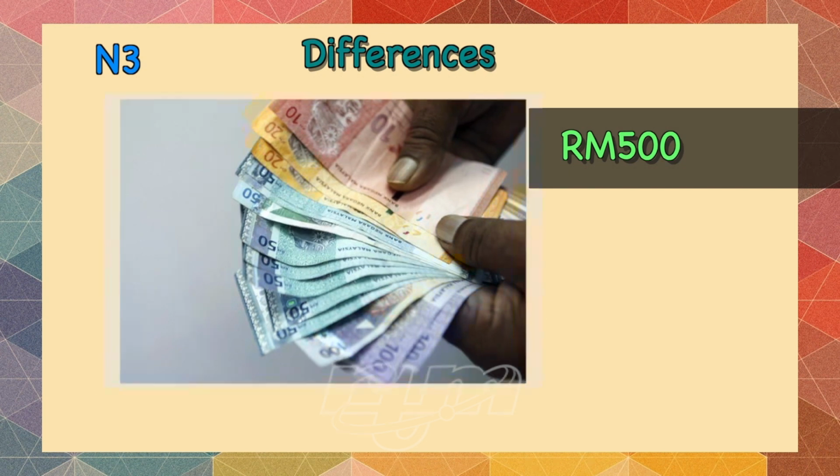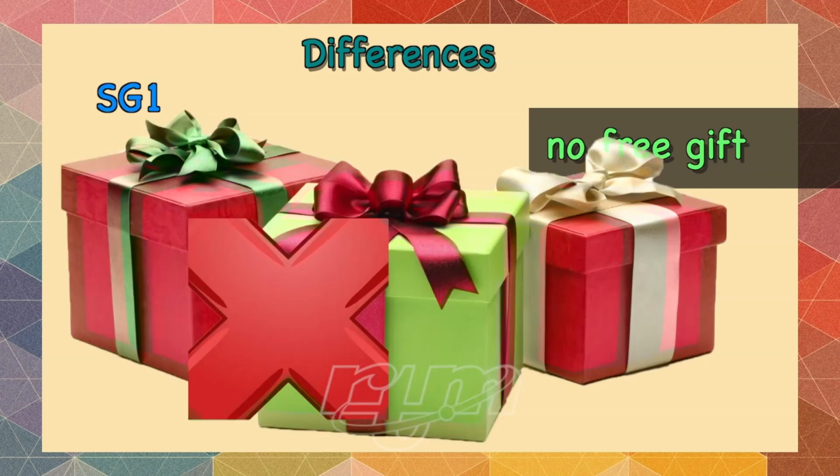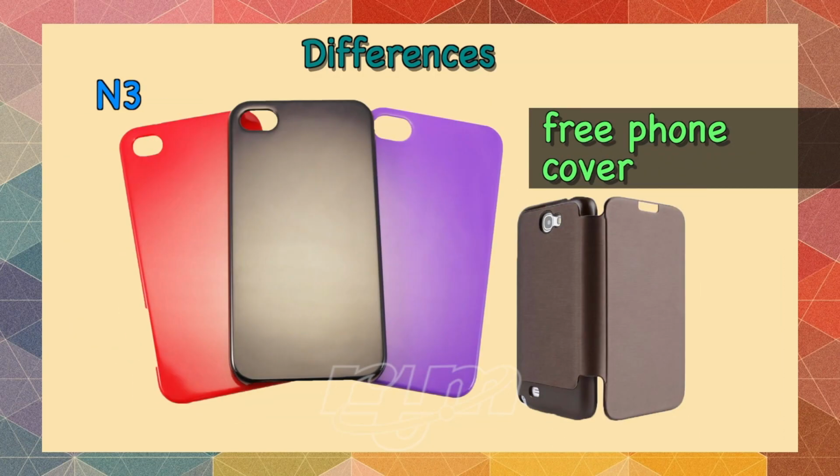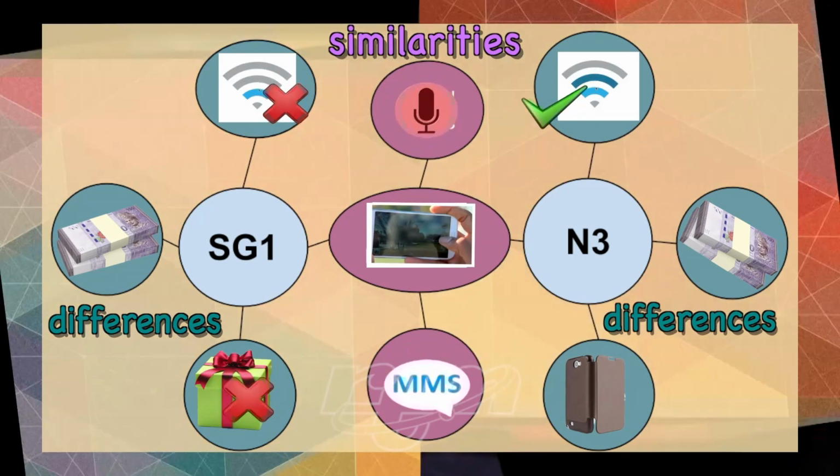Finally, the SG1 has no free gift, but the N3 comes with a free phone cover. See how easy it is to compare once you have all the information in a double bubble map?